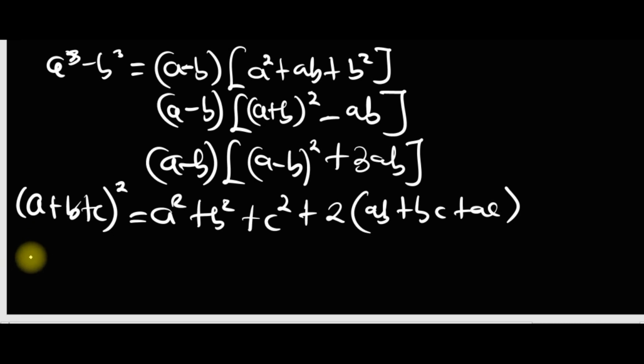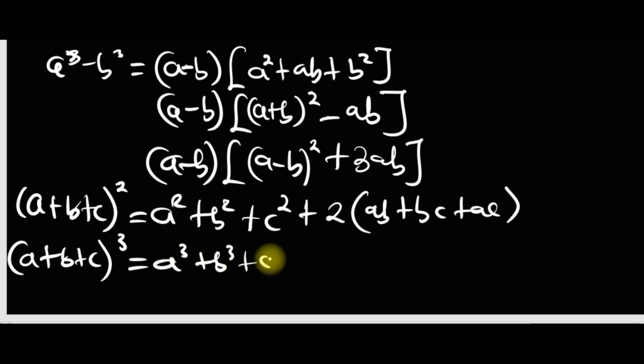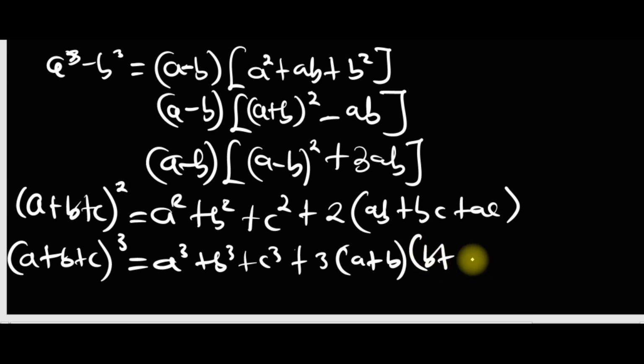The other one is, if you have a plus b plus c raised to power 3, we have a cube plus b cube plus c cube plus 3 brackets a plus b, b plus c, finally a plus c. So that's the identity for this.